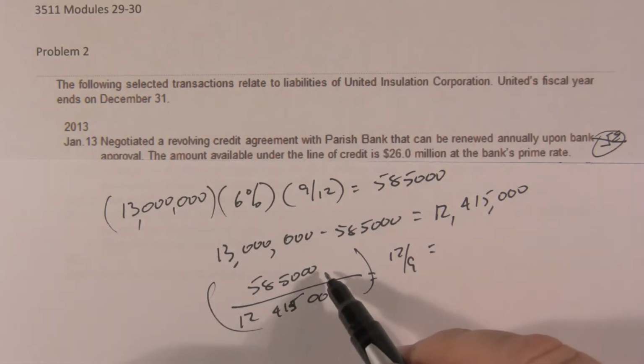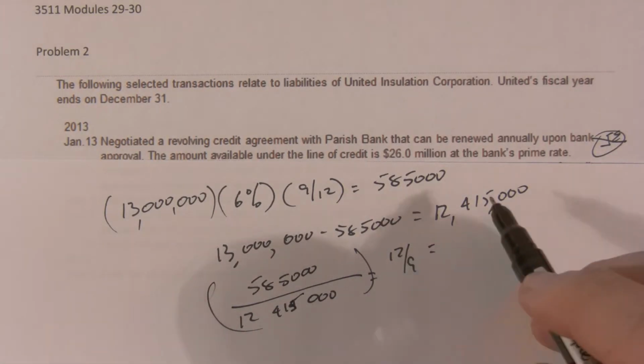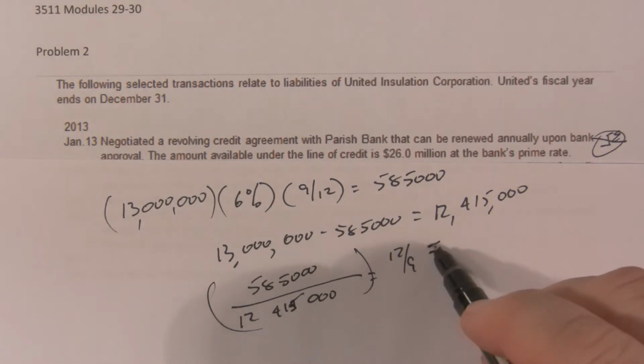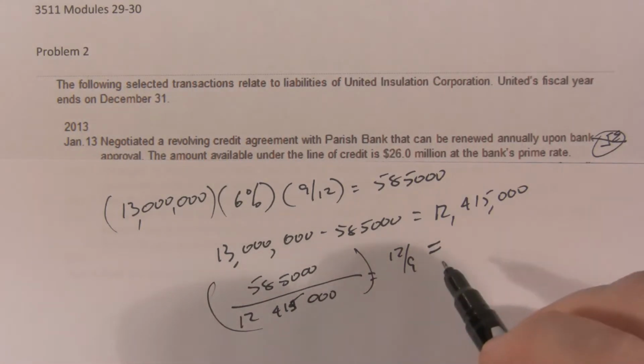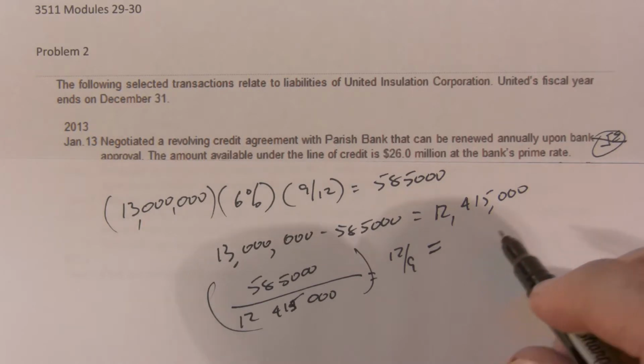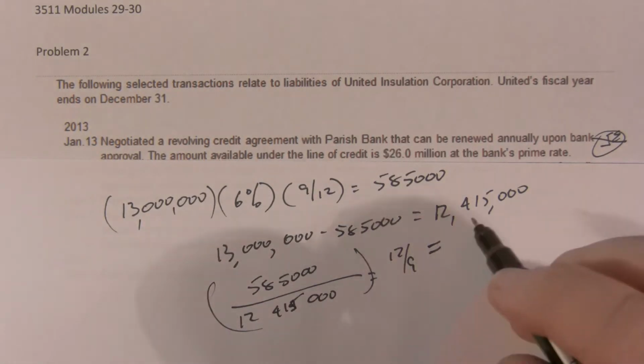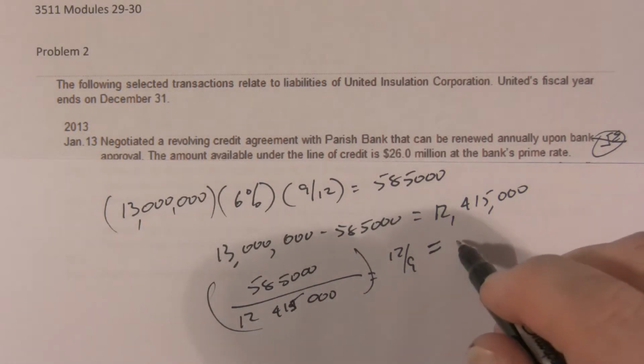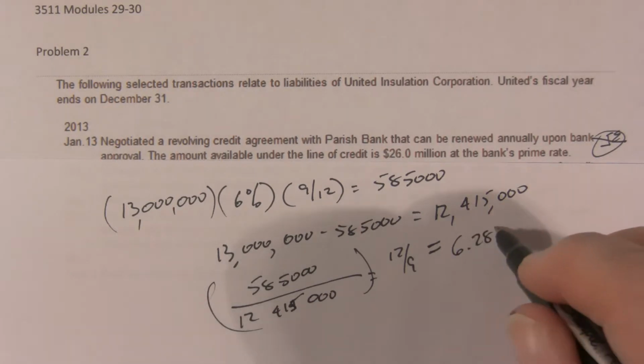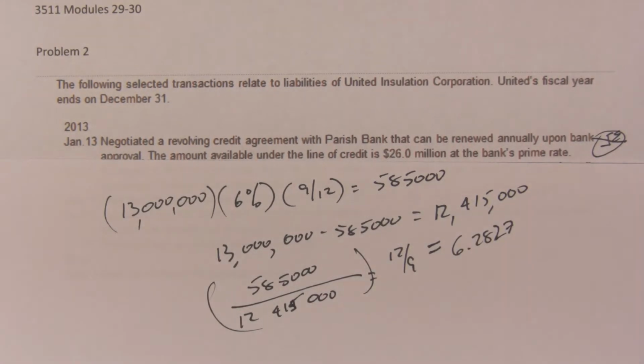Remember, this is for 9 months, but we're doing it for 12, so we have to figure out what it would be for a year. So we come up with a number, and then we have to increase it. And when we do that, we come up with 6.2827%. That's the interest rate that we're actually paying. It's the interest divided by the amount we borrowed, multiplied by 12/9.